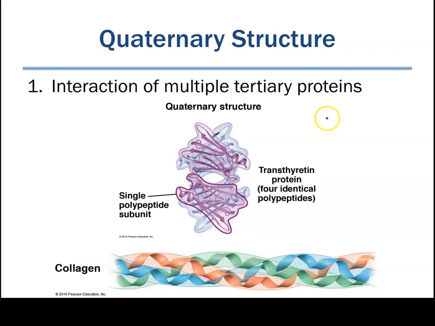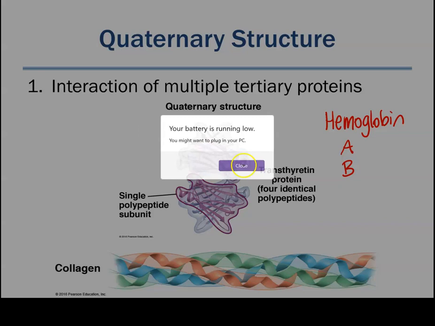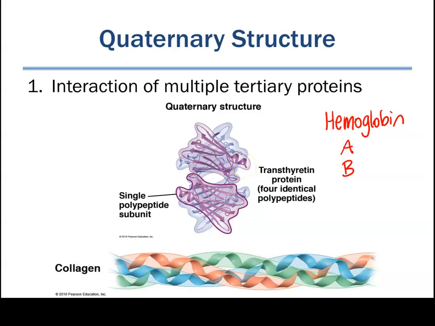If you go back, we also saw hemoglobin. Hemoglobin is also a quaternary protein. It's made up of 2 different types of subunits. So hemoglobin subunit A and subunit B, there are 2 of each one. And those are going to make up a single protein unit.